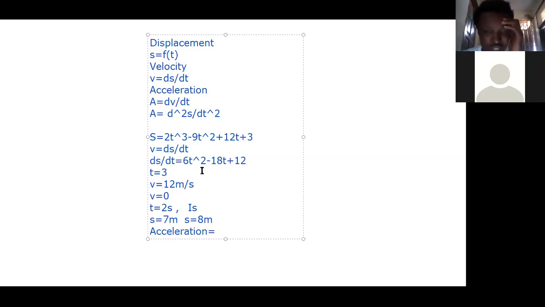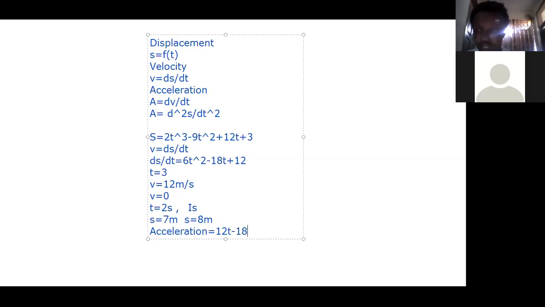So we differentiate this one again. The acceleration is dv by dt, and this is v. So when you differentiate this again, what are you getting? That will be 12t minus 18. Good.